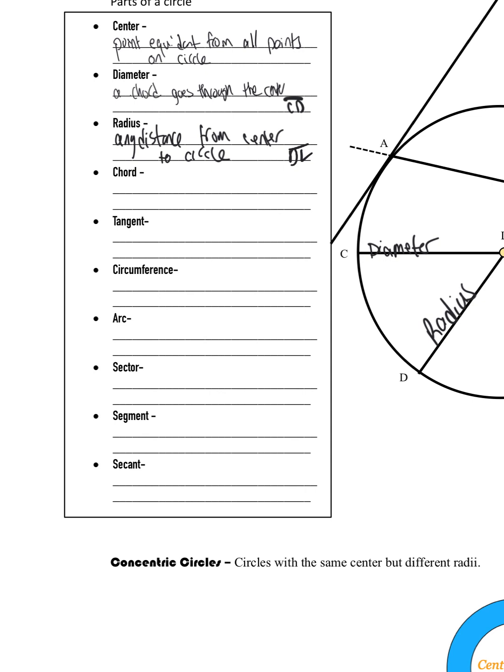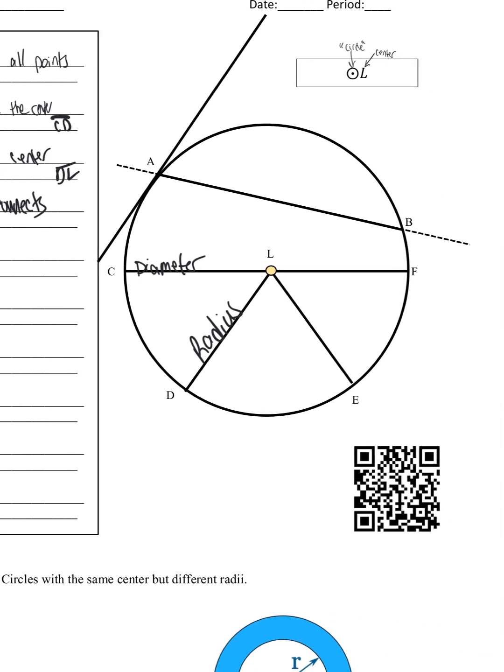Now a chord is a type of line that goes through a circle, but it's any line that connects the circle. So a chord is not quite going through the center every single time.